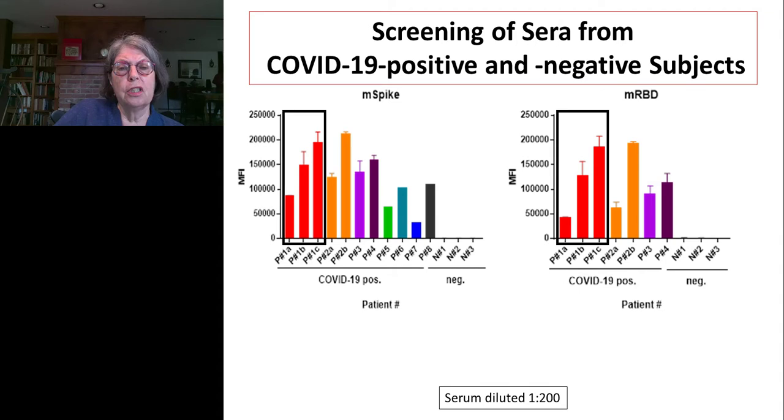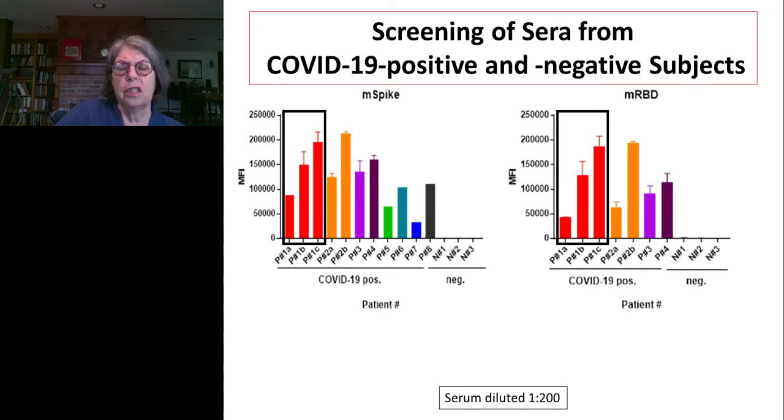The 3 bars that are outlined in black here, that are shown in red, show the sera from a single patient taken at day 8, 11, and 15 after the beginning of symptoms. And as we know, after an infection, one of the things that you can use to diagnose an infection is an increasing titer of antibodies in the serum, and that's exactly what you see.